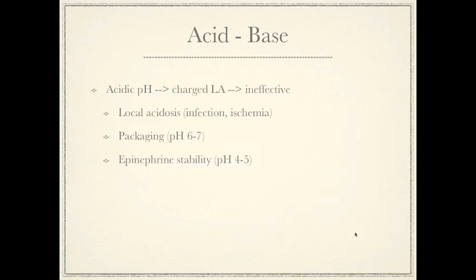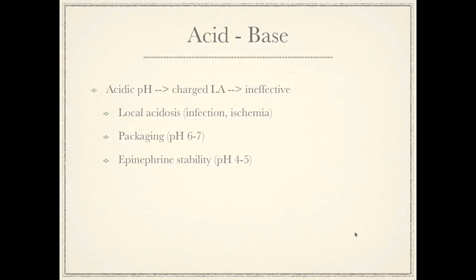So there are a few situations in which the environments are acidic, which make it even harder for the local anesthetic to be in its uncharged form. If you inject local anesthetic into an area that has local acidosis, say the tissue is infected or ischemic, this local acidity causes more of the local anesthetic to be charged.